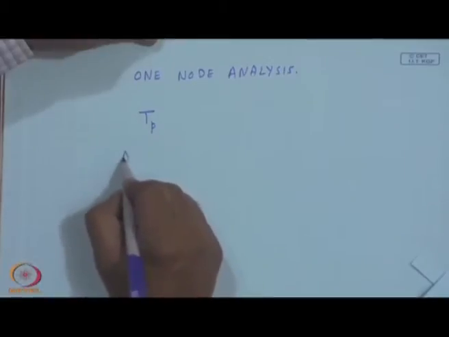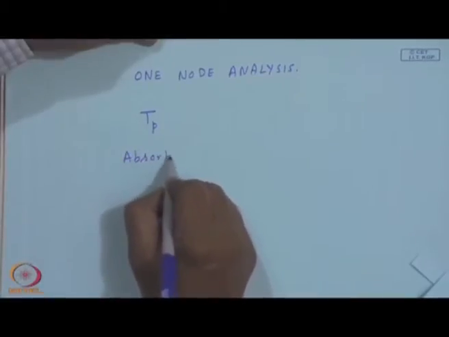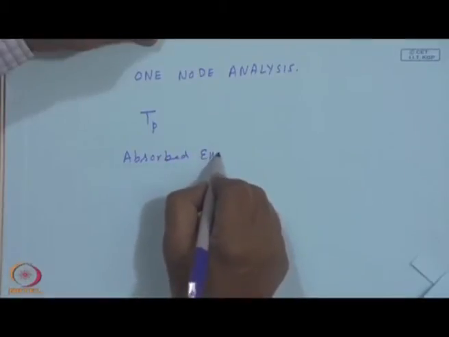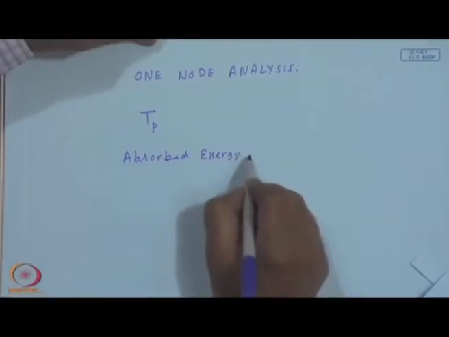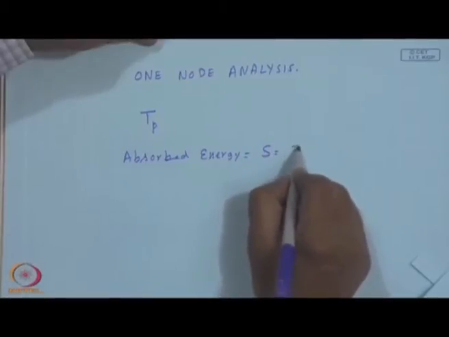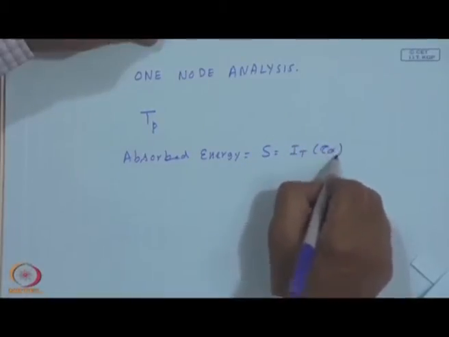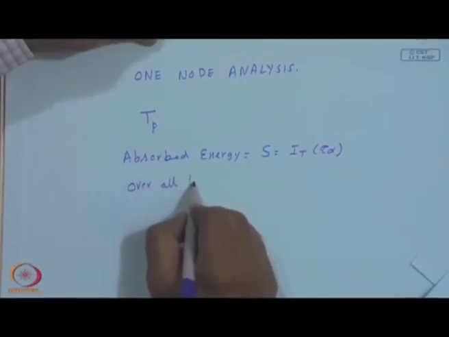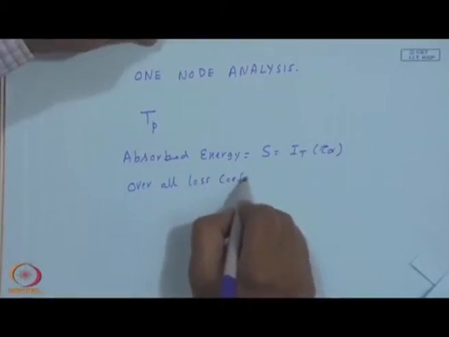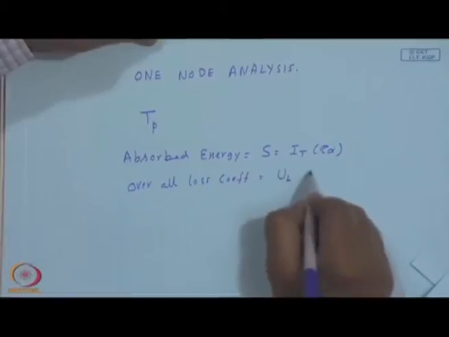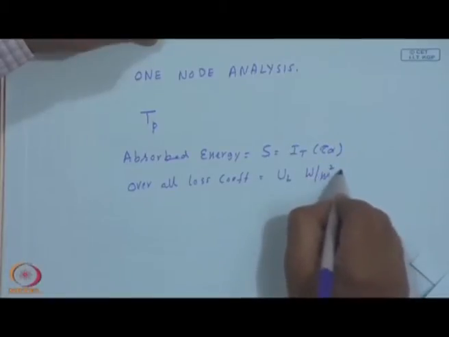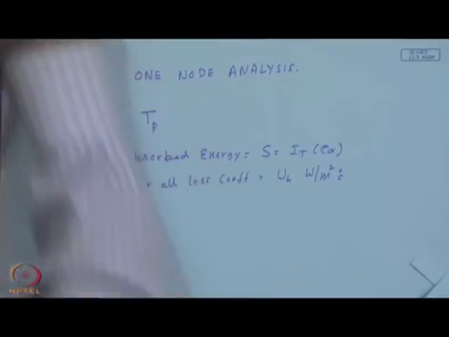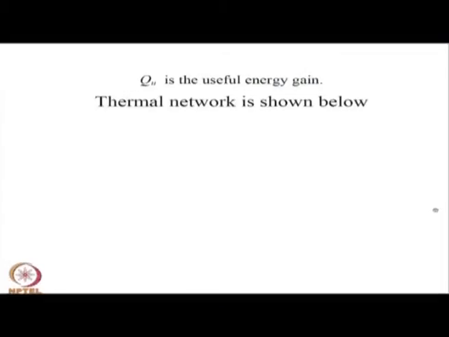Then the absorbed energy is S equal to I t tau alpha, and of course, the overall loss coefficient U L watts per meter square degree centigrade. So, Q U is the useful energy.